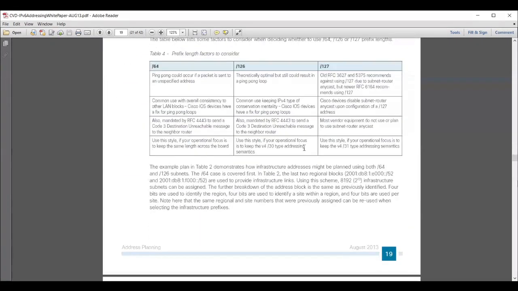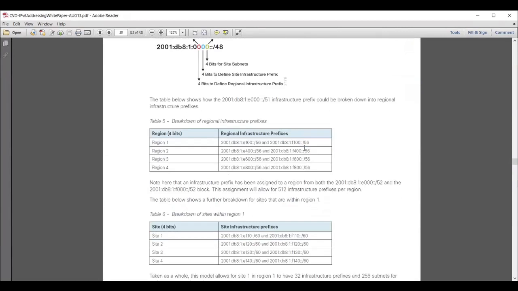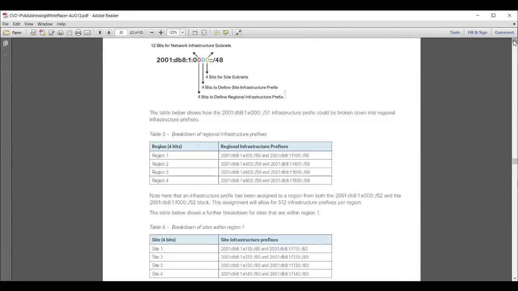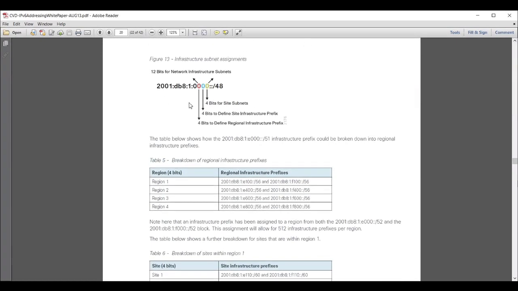I will show you the subnetting. This is one of the bits that defines the regional infrastructure prefix, the site infrastructure prefix, and the site subnets, right?